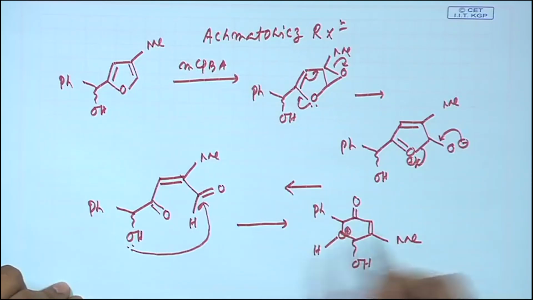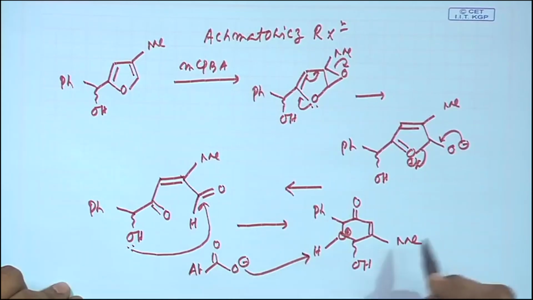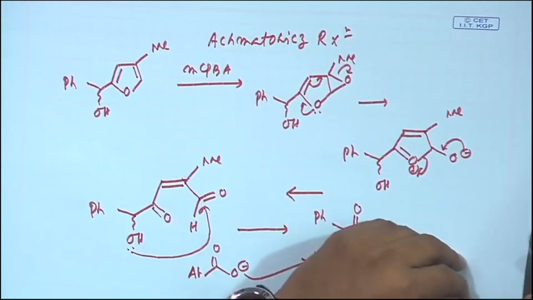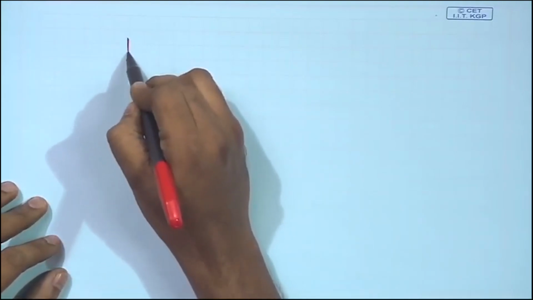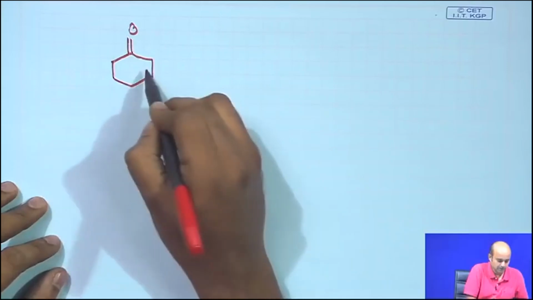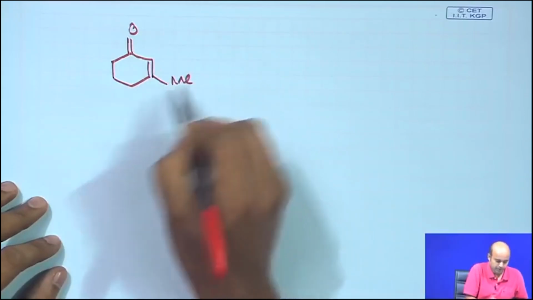And then it is a normal oxonium ion species, and this MCPBA, the corresponding carboxylic acid, remains here. So, this picks up this hydrogen, and once it picks up this hydrogen, the final product which will come will have this structure. These groups remain the same.